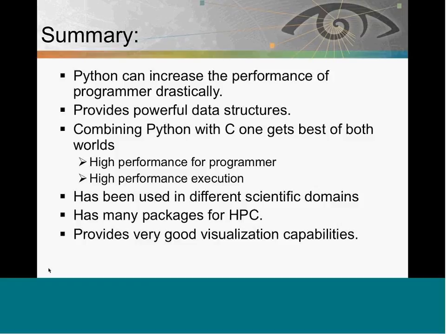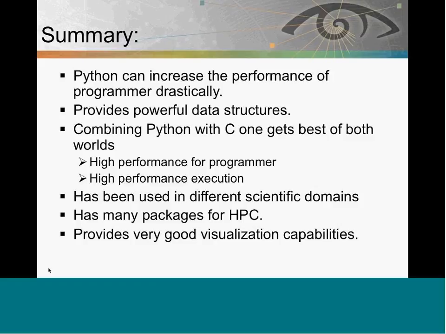So you can get the best of both worlds: high performance for the programmer from Python, and high performance at runtime from C. There are different scientific domains, as in astrophysics, biology, chemistry and so on.